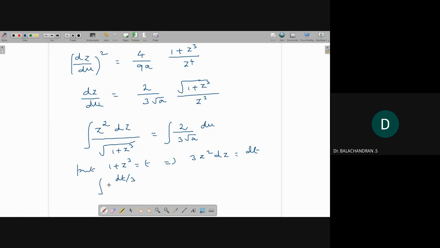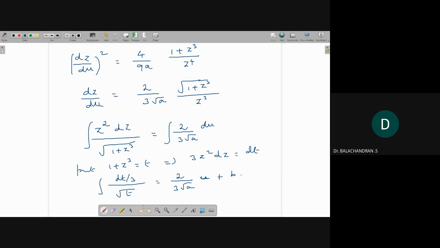So dt by 3 divided by root t is equal to 2 by 3 root a into du. Here 2 by 3 root a is constant. Integration of du is u plus some constant b.